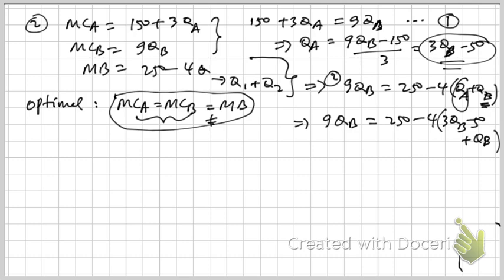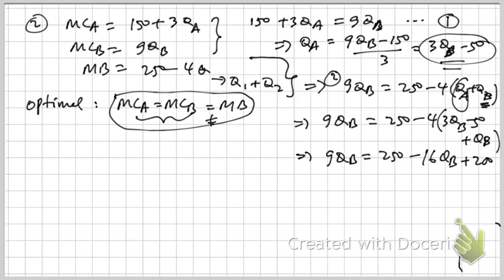So this simplifies to 9qb equals 250 minus, now 3qb plus qb is 4qb, minus negative 4 times 4qb is negative 16 qb. Negative 4 times negative 50 is plus 200. So let's simplify.